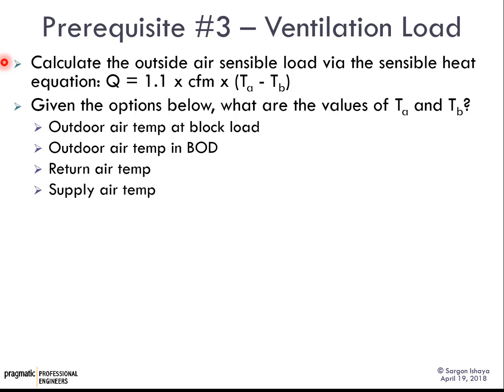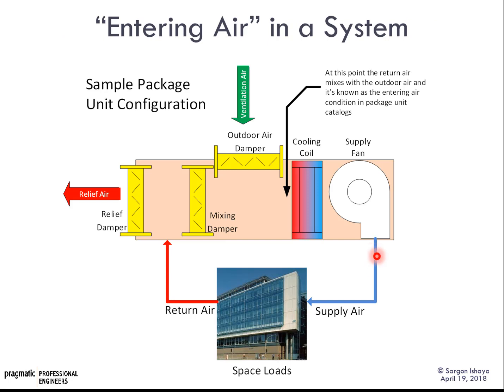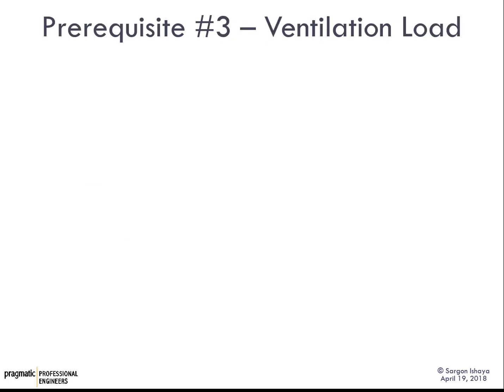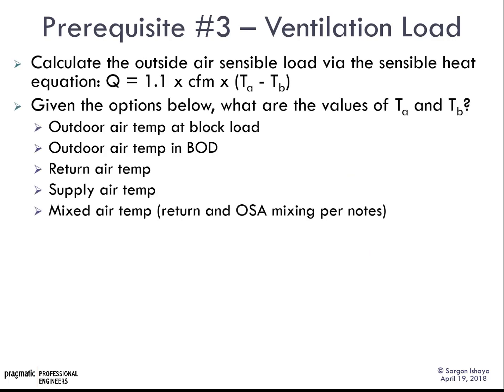Again, if you go back to that air conditioning unit schematic, let me just do that real quick. When I say supply air temperature, I'm talking about here. Okay, so we have some options. Could be the room temperature, could be the mixed air temperature. So we have six temperatures here that I've listed.